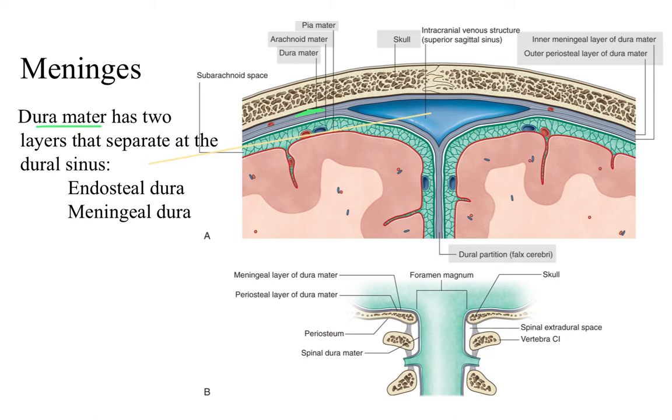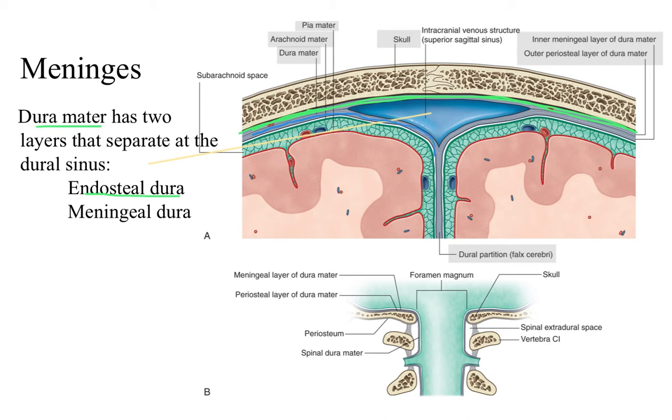One is the endosteal dura, so that would be just underneath the bone, just underneath the skull, which I'm highlighting in green here. And then the other layer is going to be the meningeal dura, and so that would be this layer here on the inside.